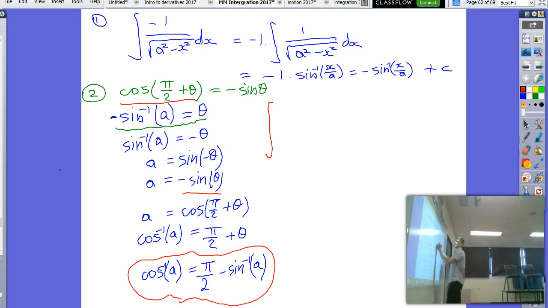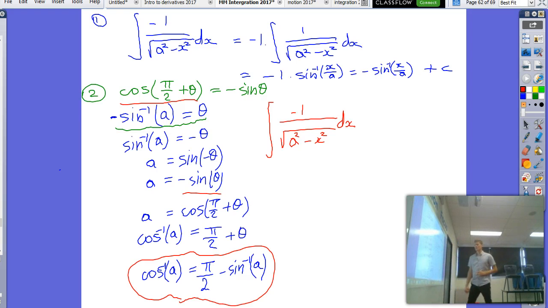So our first integral that we did before, okay, a squared minus x squared dx. Okay, well, we know that then goes to a inverse cos of x on A and, of course, plus c. Okay, that's what we know.